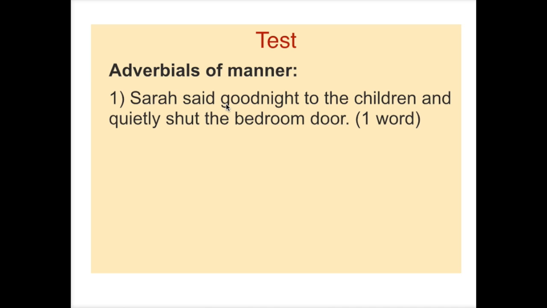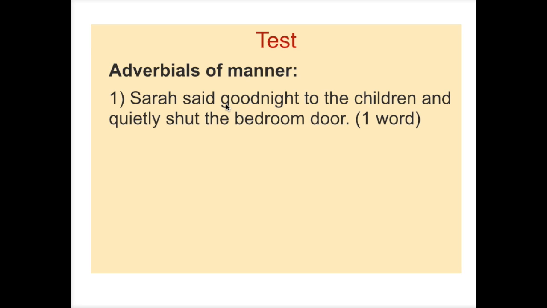So this is a test. As I'm reading, you can pause the slideshow and write down what you think is the correct answer. We're going to have a series of sentences, and you will have to write out the sentence and then underline the adverbial words or phrases.